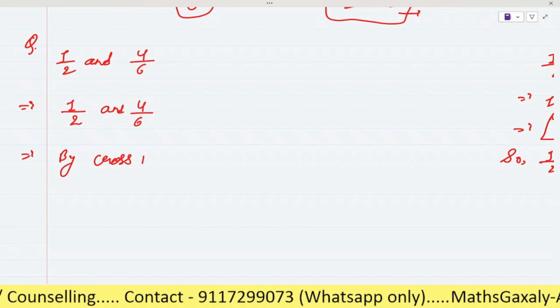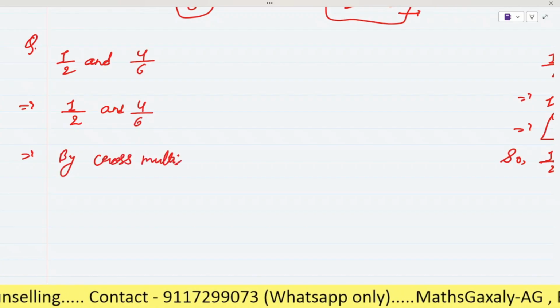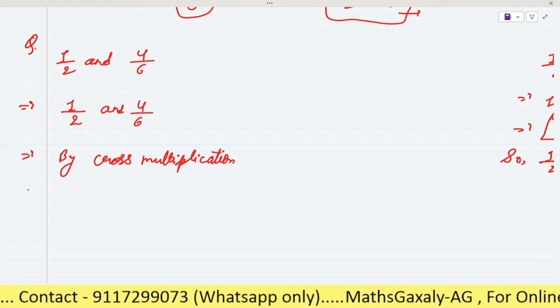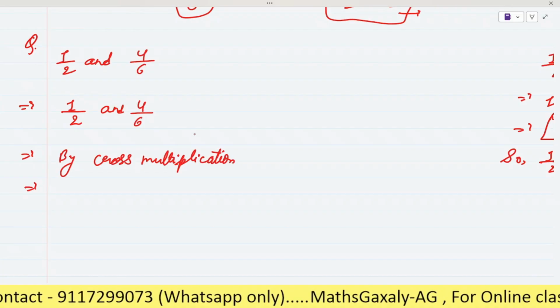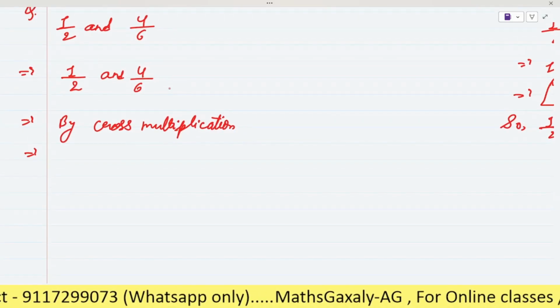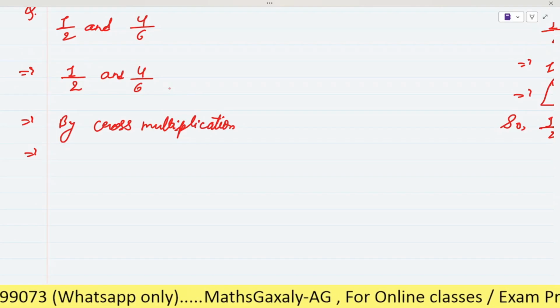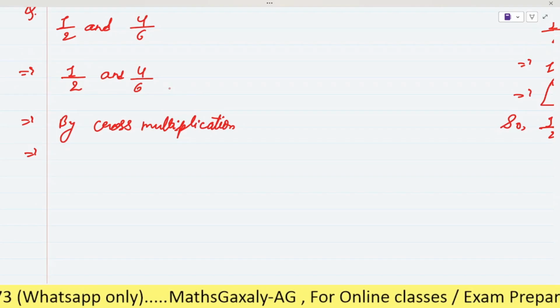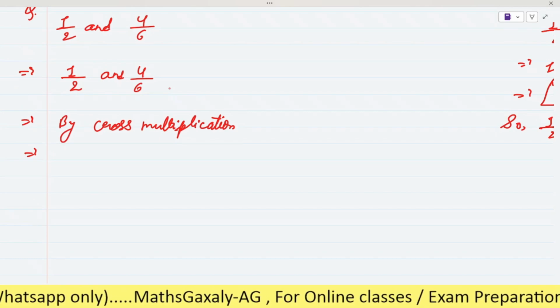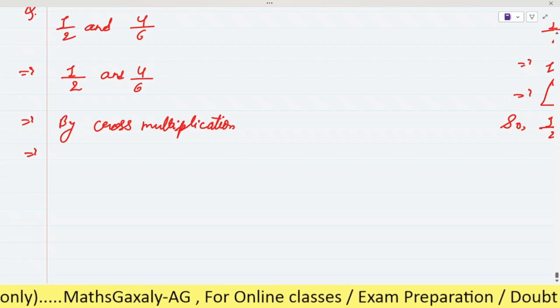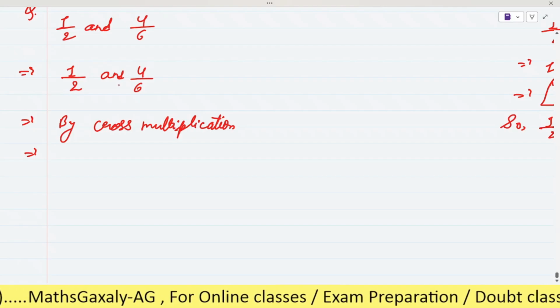It means we have to write the name of the method by which we are going to solve it. So, by the cross multiplication method.